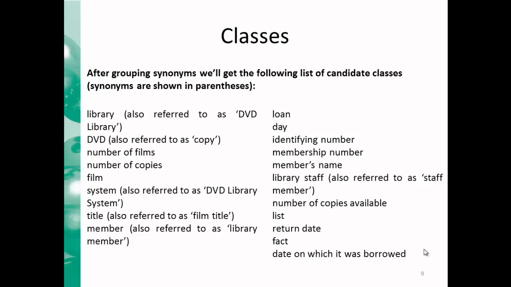So if we have a DVD or film, we list it once here. There's also a few things that we need to note regarding this slide. First, we don't use only singular nouns or noun phrases, because at the end, our class must always be singular.